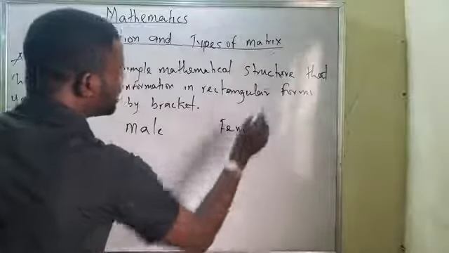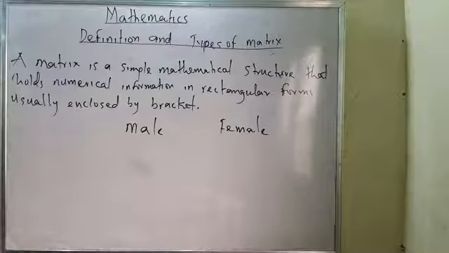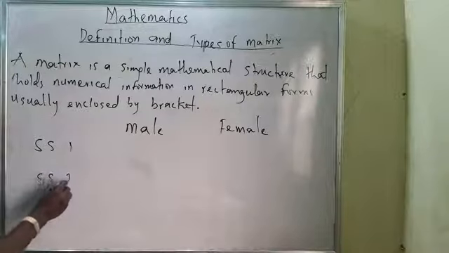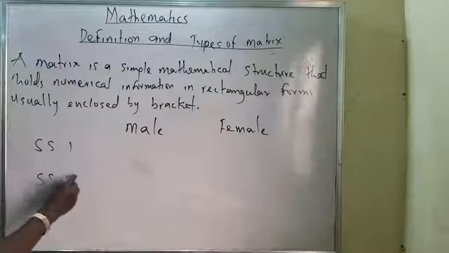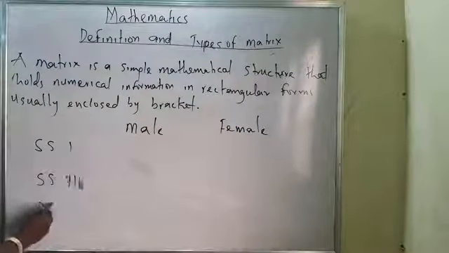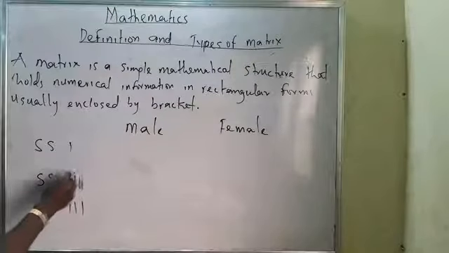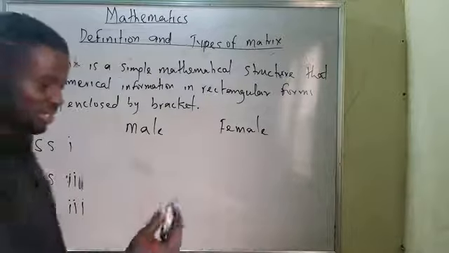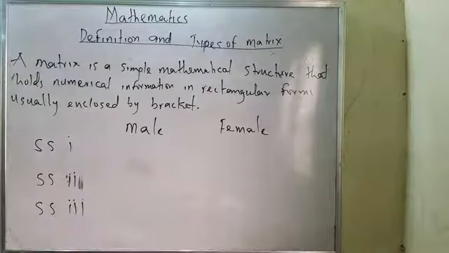Another way of generating a matrix, from what I've explained from the vector part. Now, I have SS1, SS2 and SS3. Sorry, here in Nigeria we use SS a lot, which is senior secondary school, and JSS, junior secondary school. That is the Nigerian system.